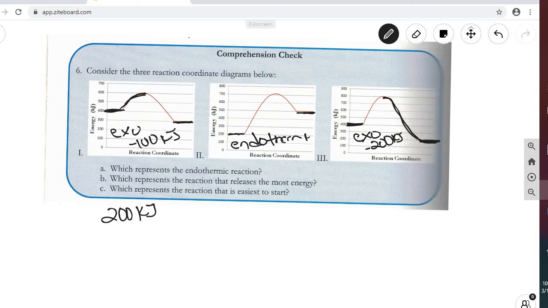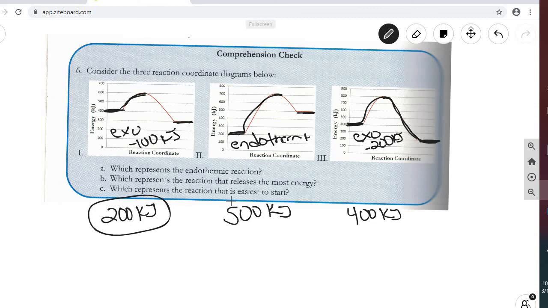Here we started at 200. We had to go all the way up to 700. So that one required 500 kilojoules to get started. And this one we started at 400 and went up to 800, so that required 400 kilojoules to get started. So the one with the lowest activation energy would be the one that's easiest to start, so that would be this one.